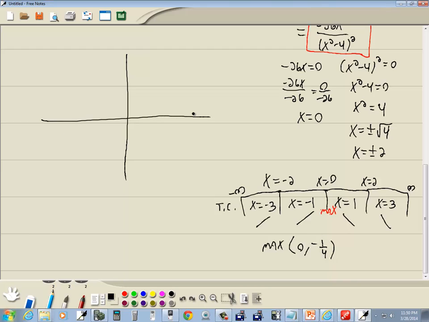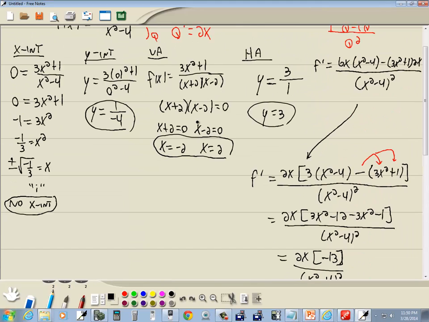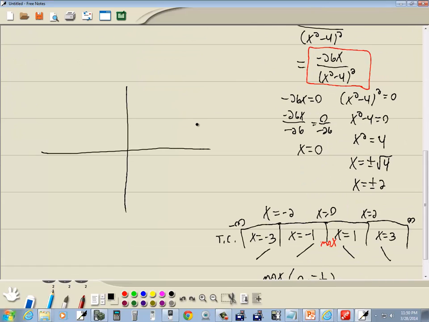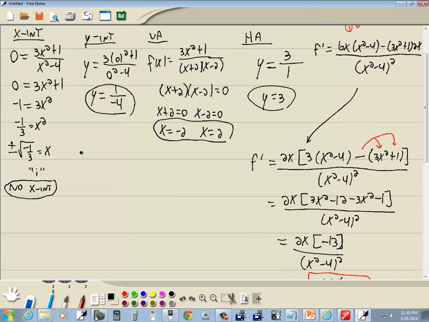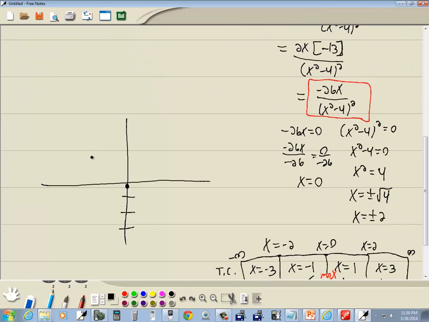Okay, let's see what we got. Scroll up. No x-intercept, but y-intercept is negative 1/4. Okay, so I got 1, 2, 3. Negative 1/4 would be, I don't know, about right there, maybe. Okay, vertical asymptotes at negative 2 and 2.